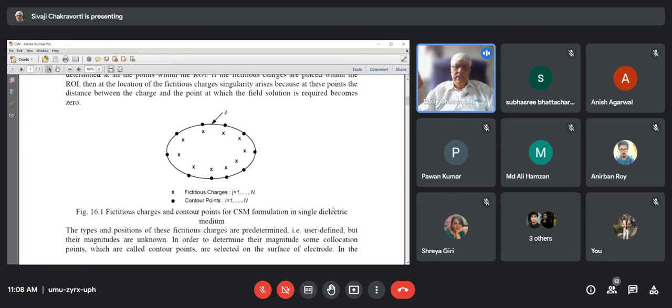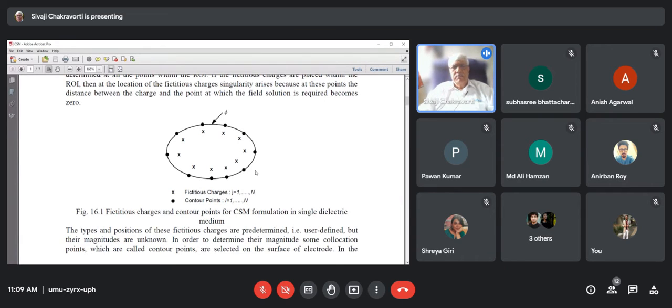However, we find that the distance between the charge and the point becomes zero because the charge is exactly located on that particular point, which means we cannot compute the field at that location of the charge. So if there are a number of charges and a number of points outside the electrode, we will not be able to get the results if the charges are placed outside the electrode.